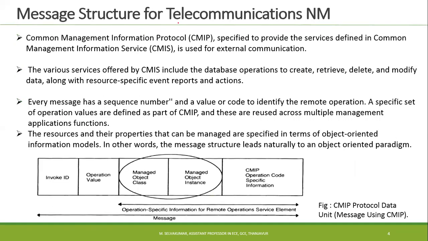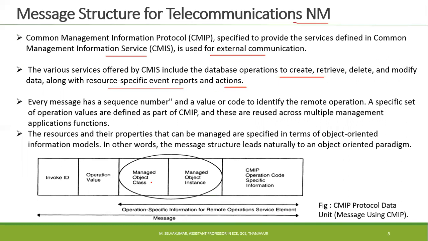Now, the message structure for telecommunication network management. The common management information protocol is used to provide service, and the common management information service element is used for external communications. The services offered by the CMISE include creating, retrieving, deleting and modifying data, along with resource-specific events, reports and actions.